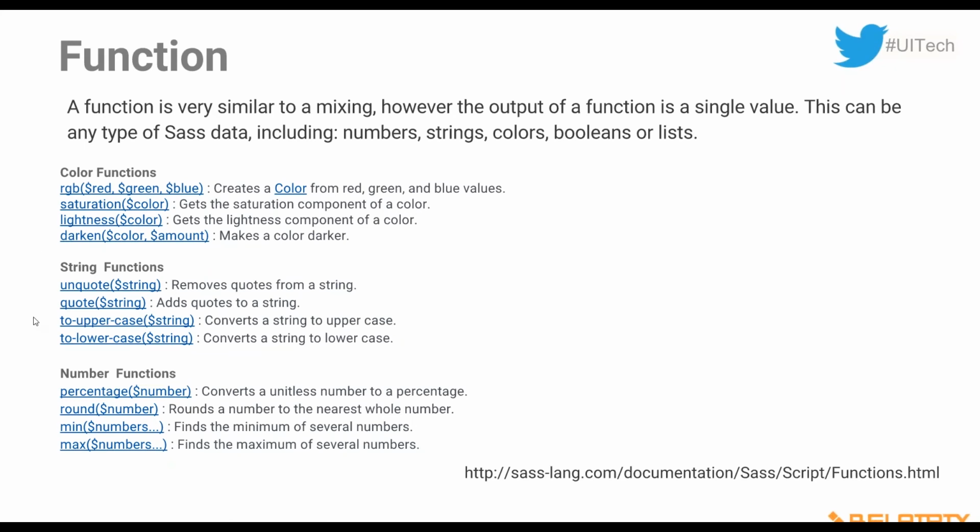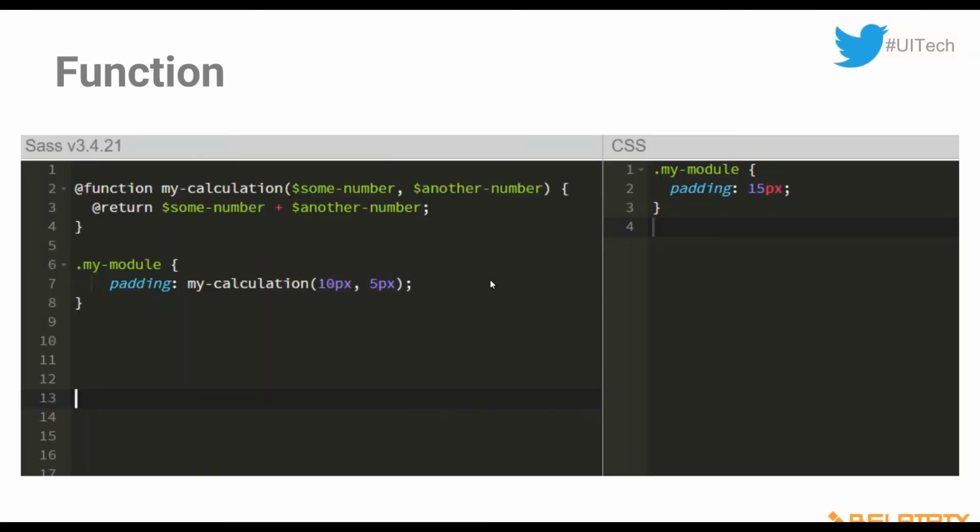If you had to do that in regular CSS, it would be very hard. Here is a sample. You call the function with a number of parameters, and then it will return one value, and then that calculation will be placed in the property.